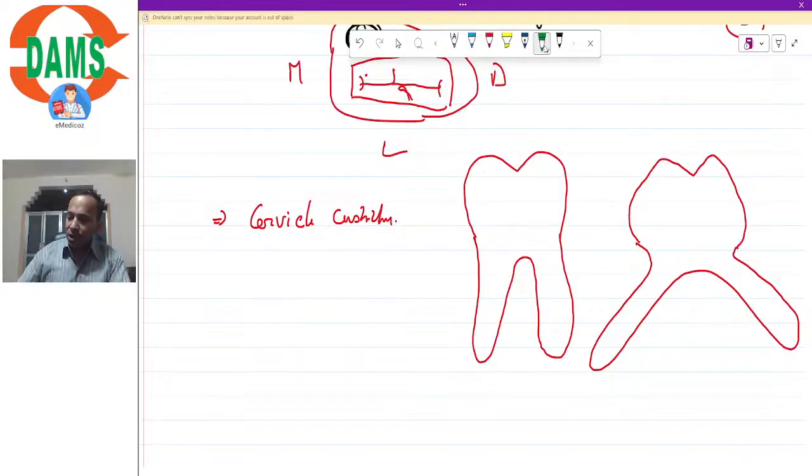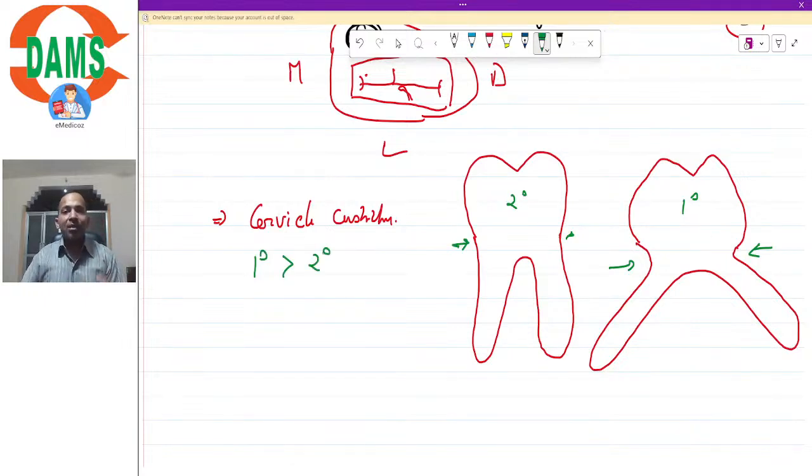Do you notice a constriction at the cervical margin in both of these teeth, and where is it more pronounced? It is more pronounced in case of primary dentition, isn't it? So cervical constriction is more pronounced in the primary dentition.